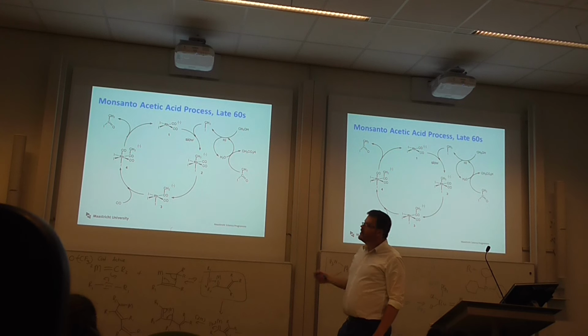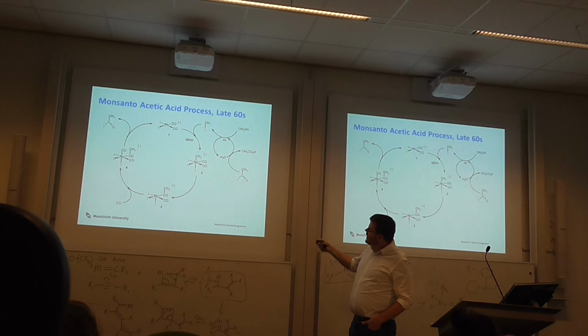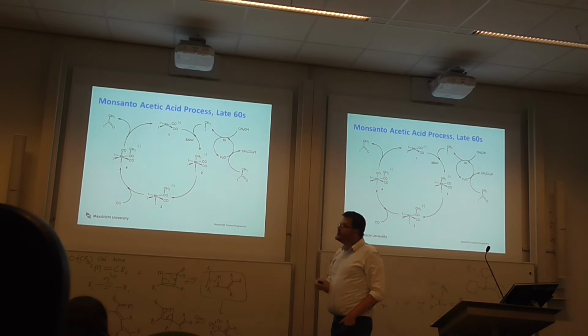So check out what's happening here. This reacts with water and forms acetic acid, the desired product, and the other product is hydrogen iodide. The hydrogen iodide reacts with methanol to form methyl iodide. Do you see that?